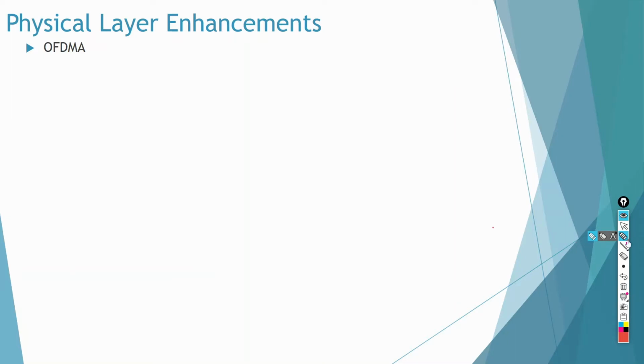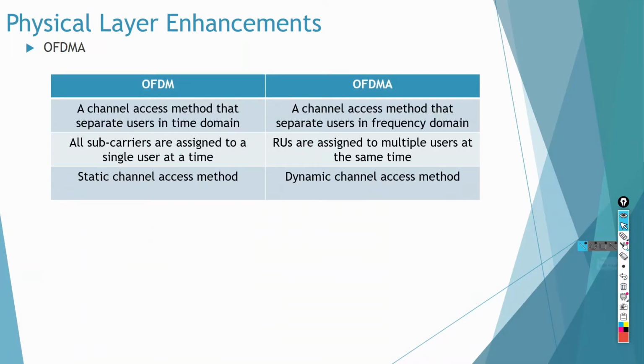Okay, so let's bring this table. It compares OFDM and OFDMA. Both of these methods are channel access methods, but we separate users in the time domain for OFDM, whereas we separate the users in the frequency domain in OFDMA.